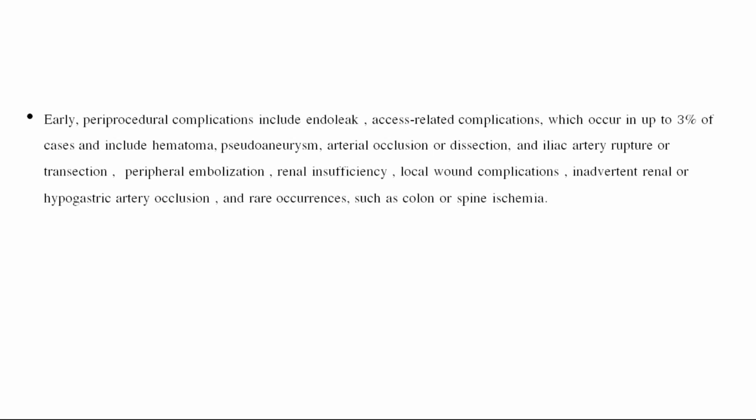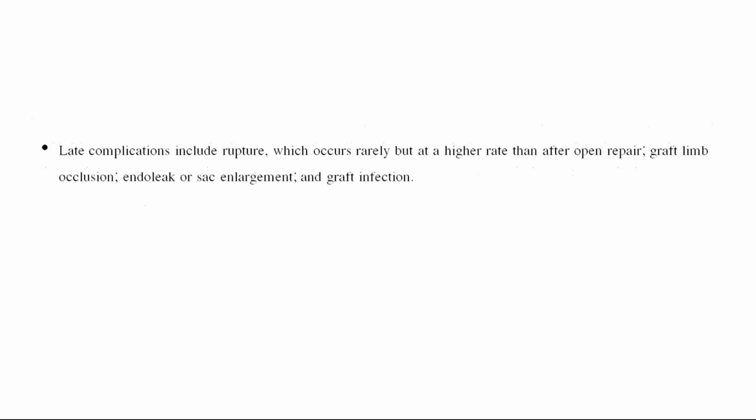Peripheral embolization can occur, as well as renal insufficiency or local wound complications, inadvertent renal or hypogastric artery occlusions, and rare occurrences such as colonic or spinal ischemia. So all these are the early endovascular complications.